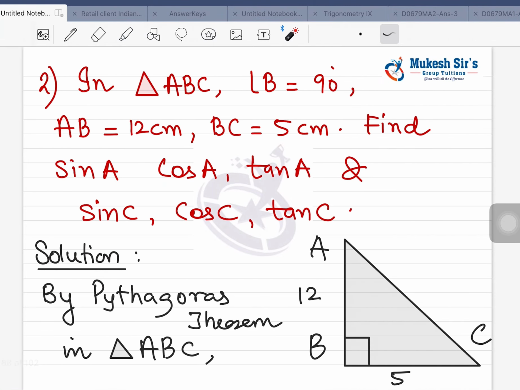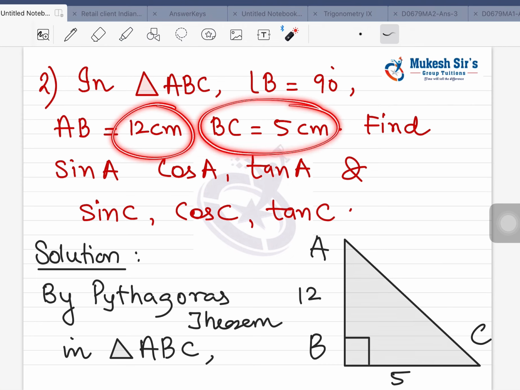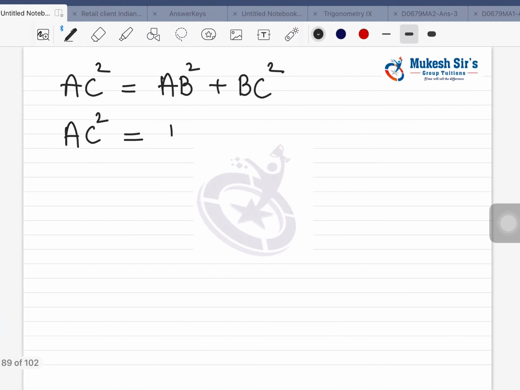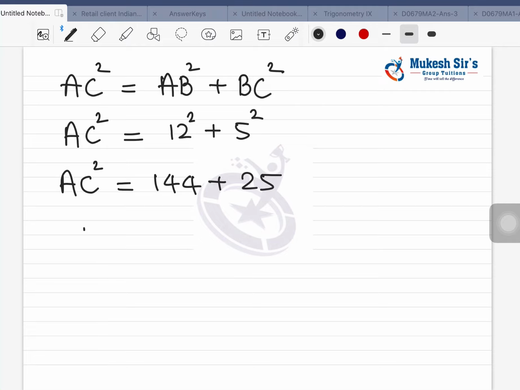Now in the question, how much is AB given? 12, and BC is 5. So put the values: 12 square plus 5 square. So AC square is equal to 144 plus 25. So AC square is equal to 169. If I take square roots, AC is equal to root of 169.